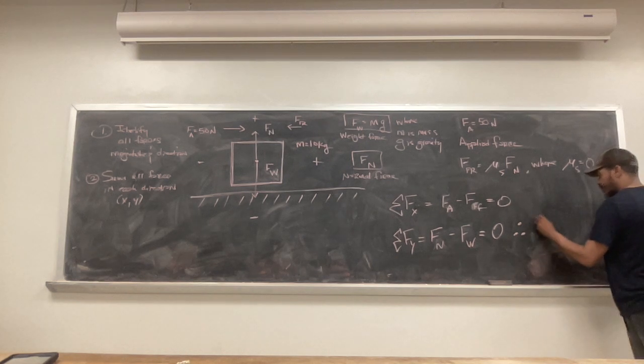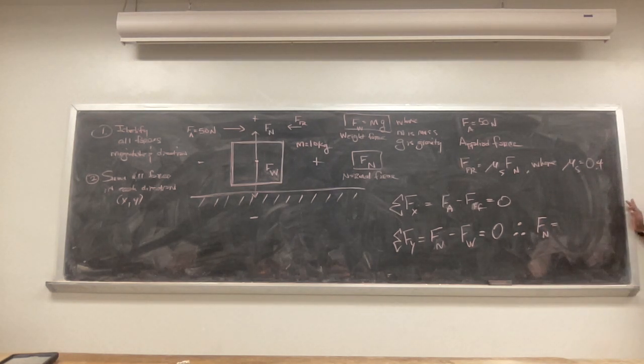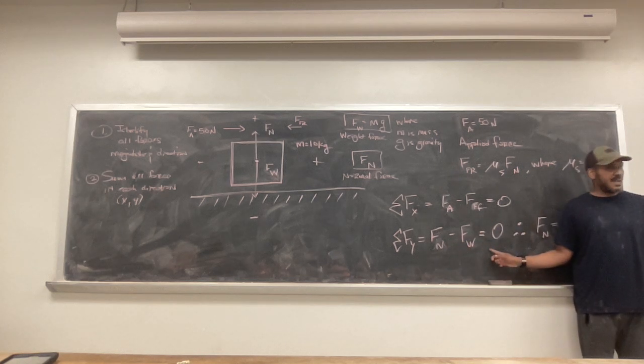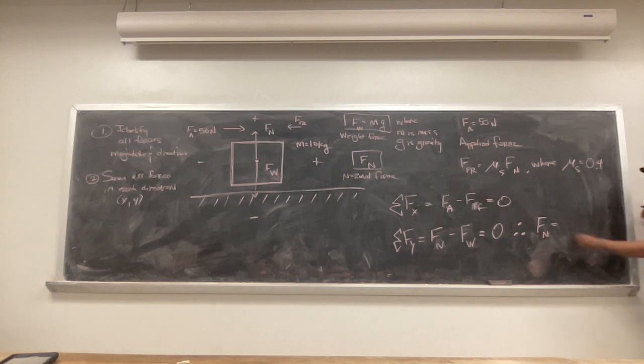F of N is equal to what? Yes, the weight. Because if I subtract the weight from F of N, I get 0. So they have to be equal to each other. So F of N is equal to F of W. And F of W is equal to what? M times g.